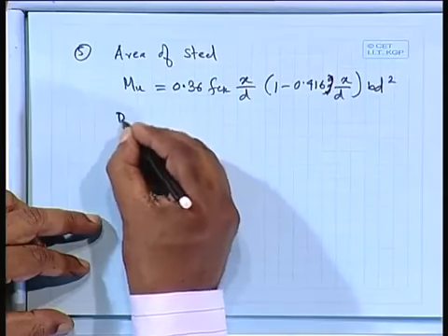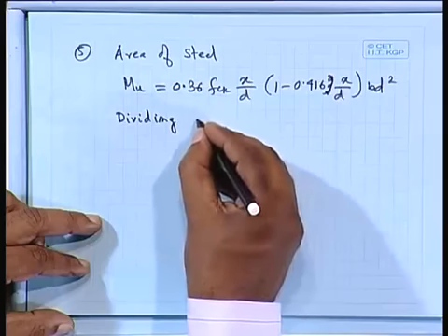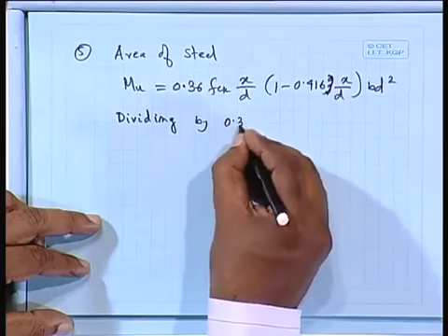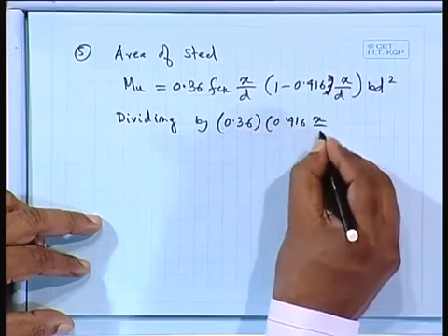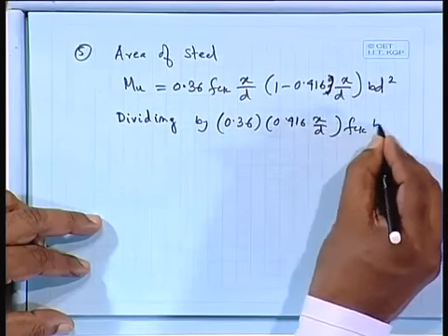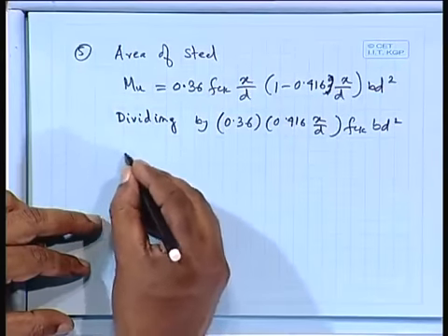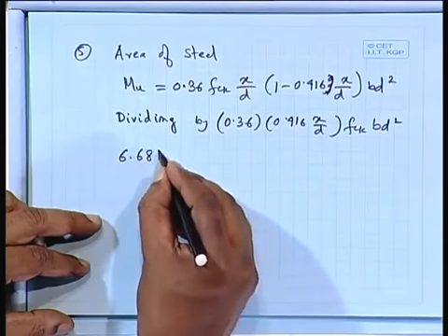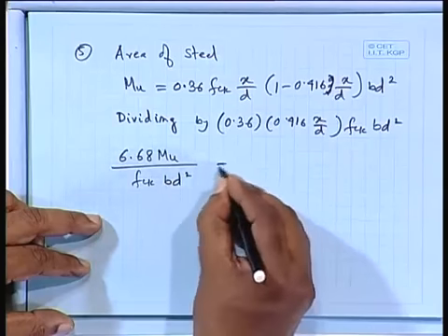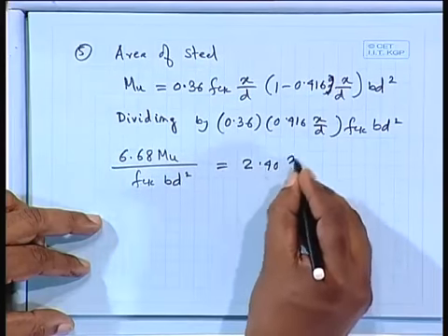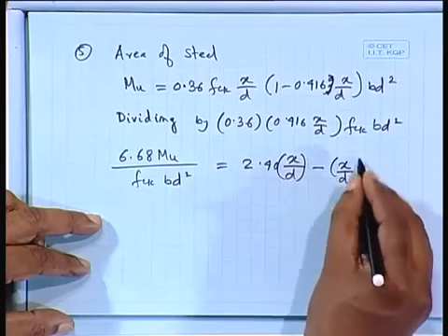Let me write down once more, because dividing by 0.36 times 0.416 x by D FCK B D square, if we divide, then we get 6.68 mu by FCK B D square equal to 2.40 x by D minus x by D whole square.